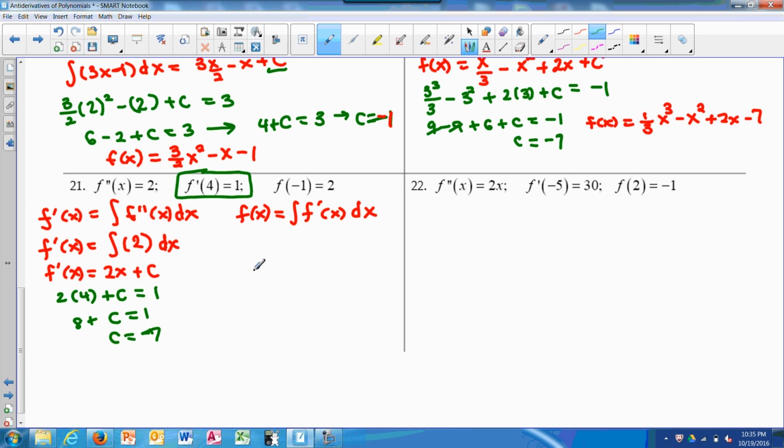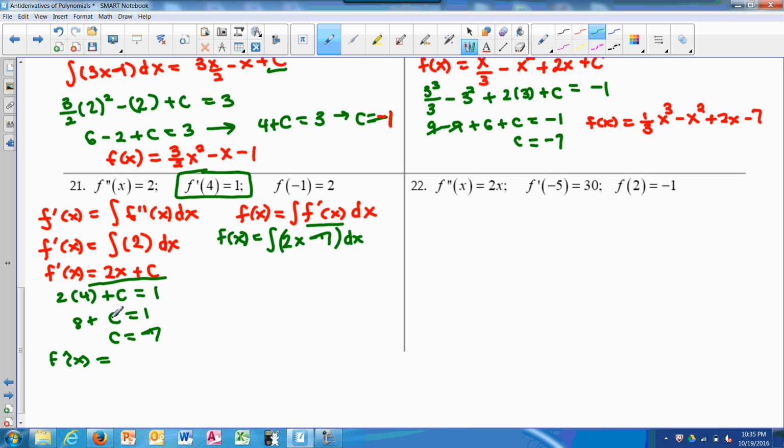By chance it matches the last one. That's not intentional. That tells me what I can substitute in here, that f of x is equal to the integral of f prime, and I now know that f prime of x is 2x plus c, which is 2x plus the -7. I can write that down here if it makes it easier.